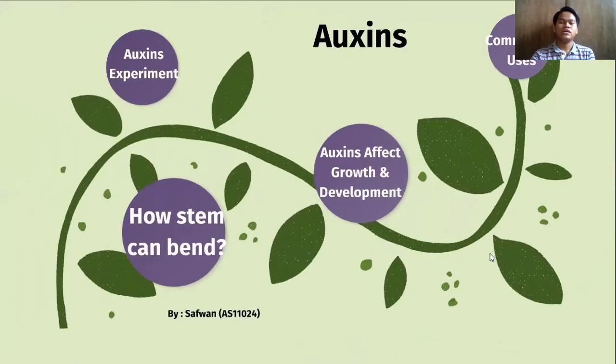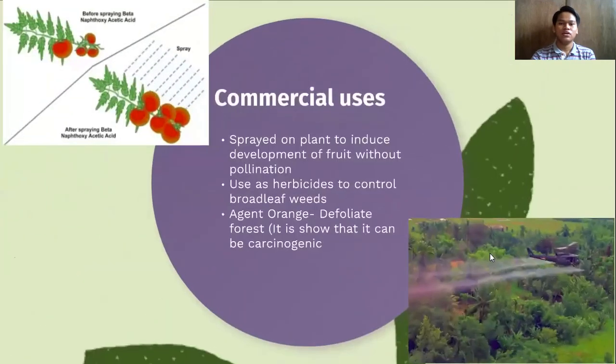Lastly, I will talk about the commercial uses. Basically, there are a lot of artificial auxins that we can use for commercial purposes. We can spray them on plants to induce development of fruit without pollination.